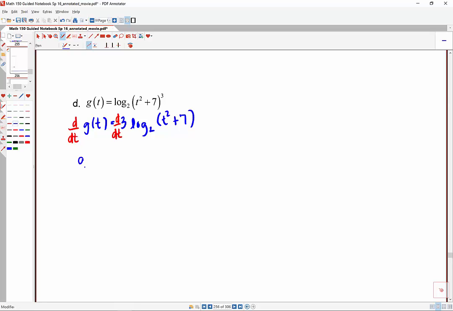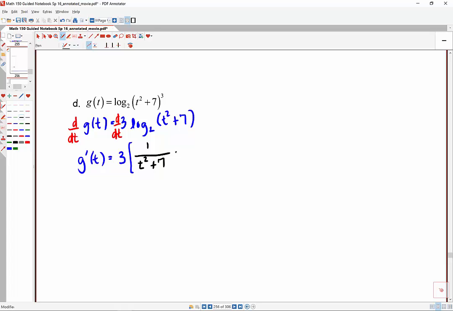So differentiating both sides with respect to t, we will have g prime at t equals, the 3 is going to go along for the ride, right? And this derivative is going to be what? Okay, so remember, we need to do 1 over what is inside of the log. That's one of our jobs.